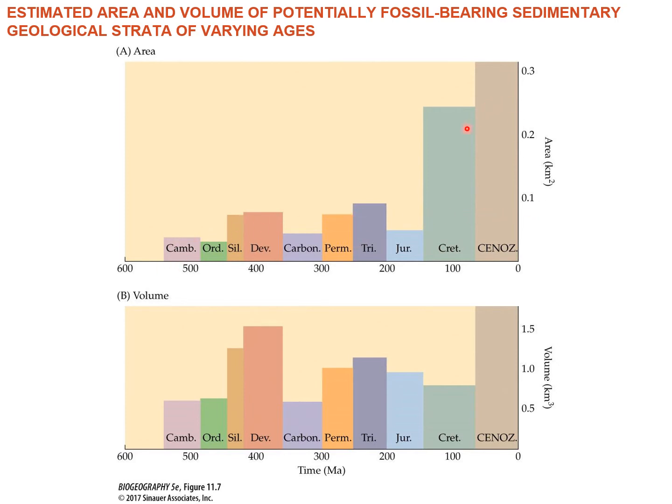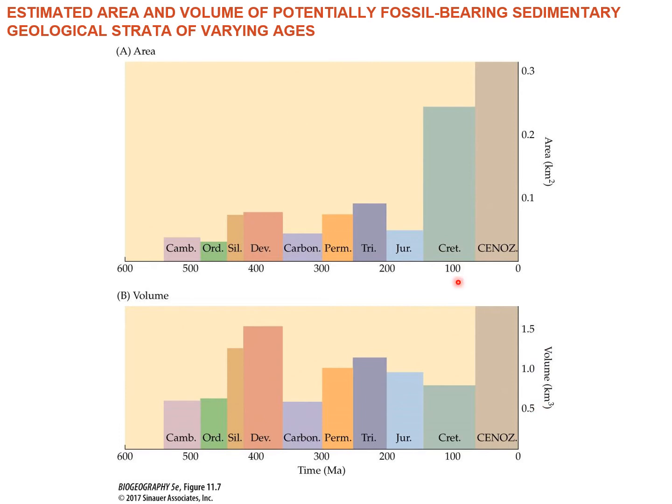And so it would be reasonable to assume that as you go back in time, you're going to find fewer and fewer fossils because the amount of material that contains the fossils decreases. With volume, the relationship isn't quite as strong, but I think it's still there. Most of it's in the Cenozoic, and then as you go back in time, you get a decrease in volume as well.